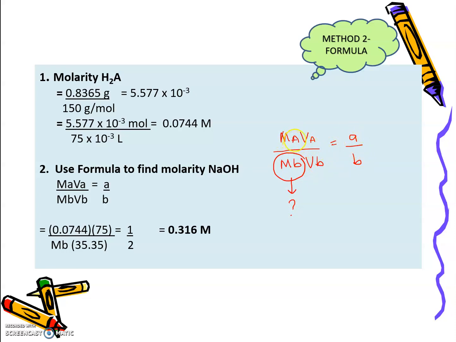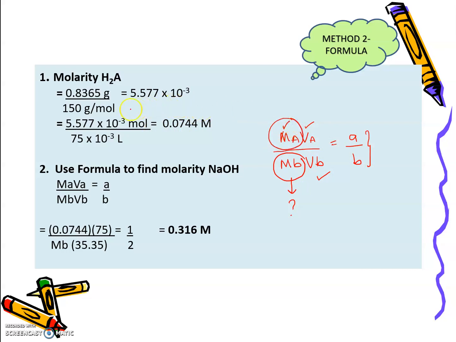So to find molarity of acid, you first have to calculate from the volume given for acid and the volume of base given. The coefficients come from the equation. First find the molarity of diprotic acid.